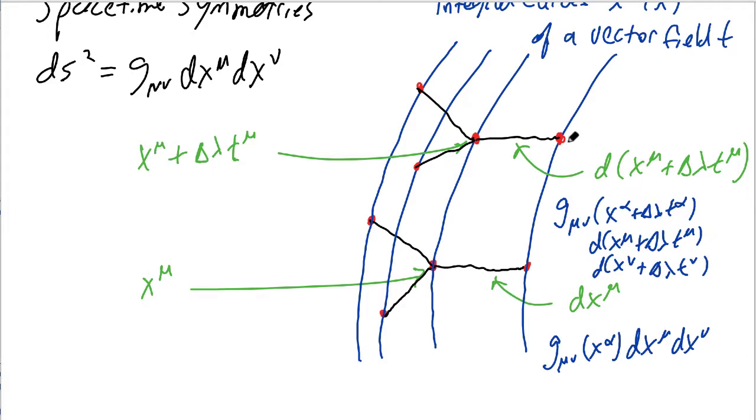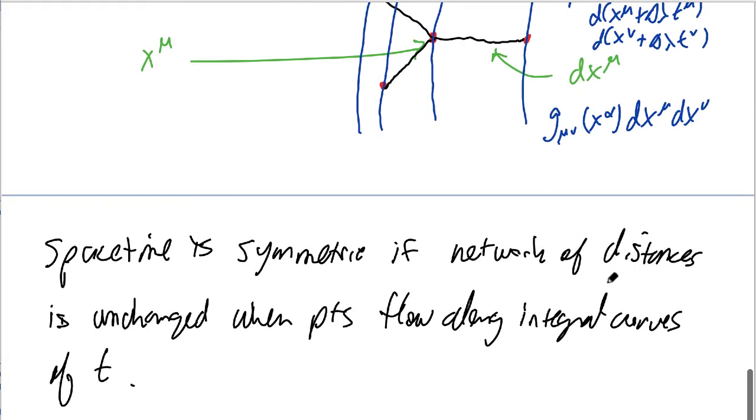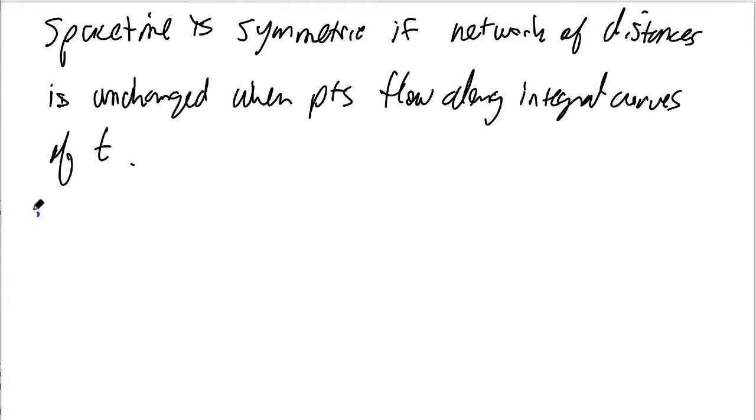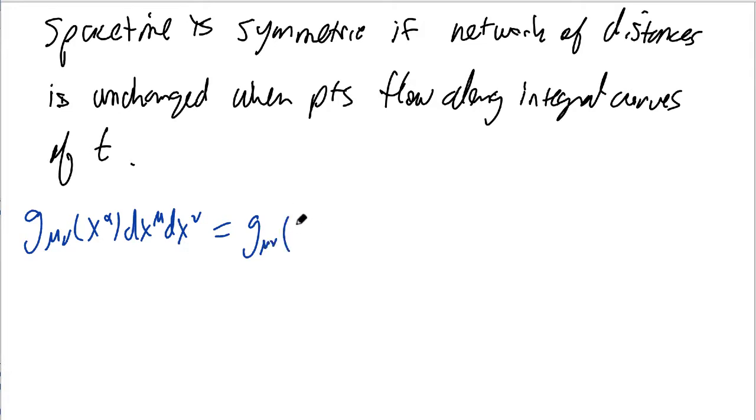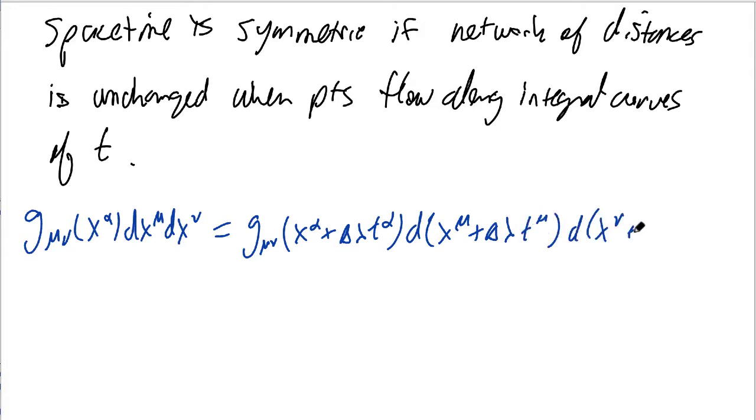So that's the proper distance between these 2 points. So if we set those equal to one another, we have g mu nu at point x dx mu dx nu equals g mu nu at point x plus delta lambda t times dx mu plus delta lambda t mu times dx nu plus delta lambda t nu.